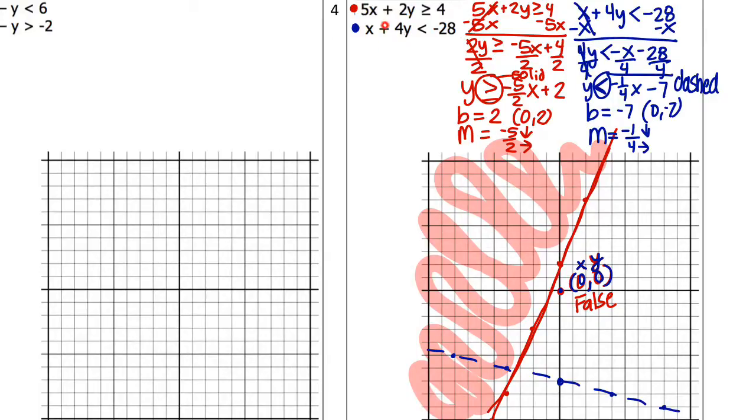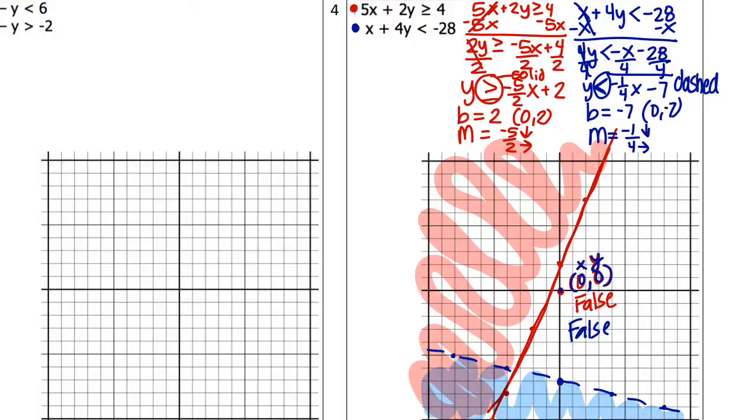Okay, 0 is actually greater than any negative number, so this is false. 0 is not less than negative 28. 0 is greater than negative 28, which tells me that this side is false for the blue inequality as well as the red inequality. So I would not shade that side. I'd actually shade the bottom portion right here.